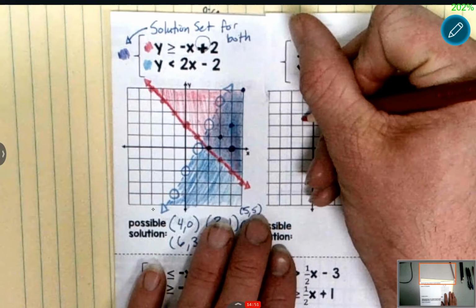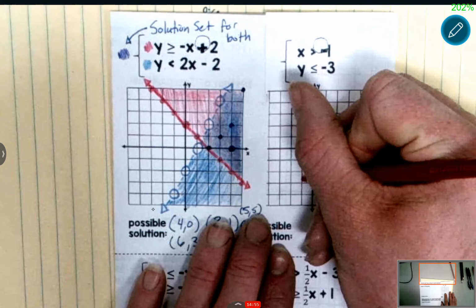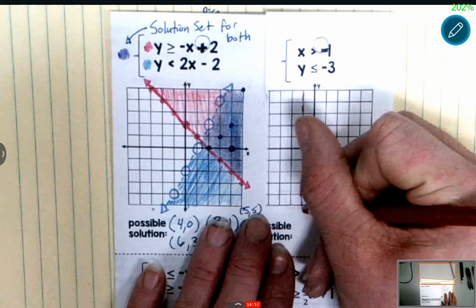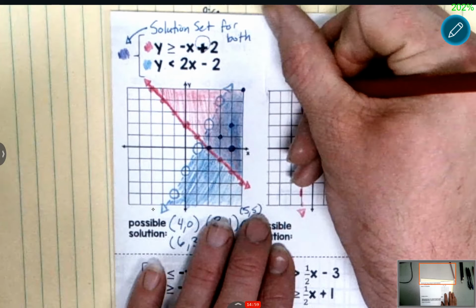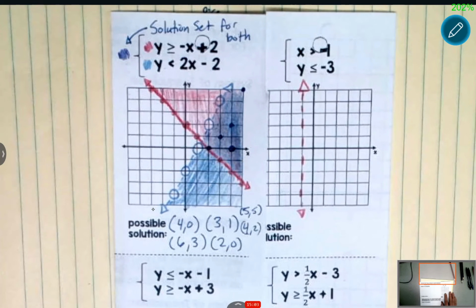So at x equals negative 1, I'm going to draw a dashed line.